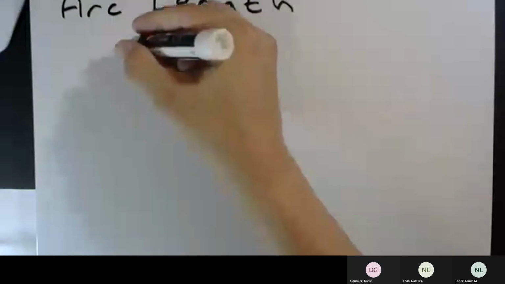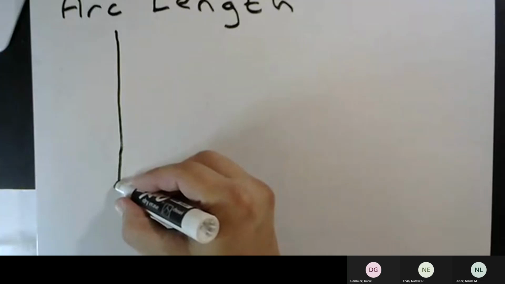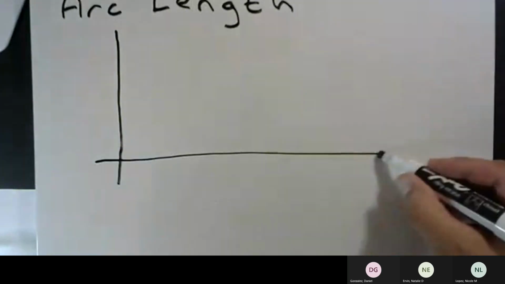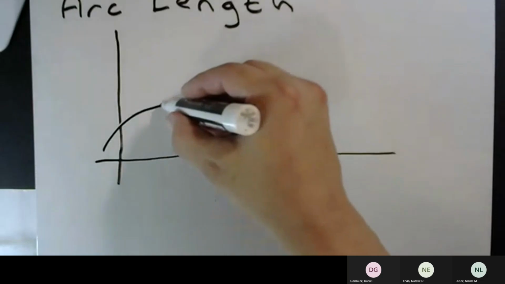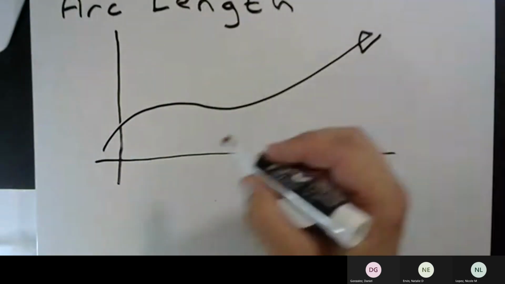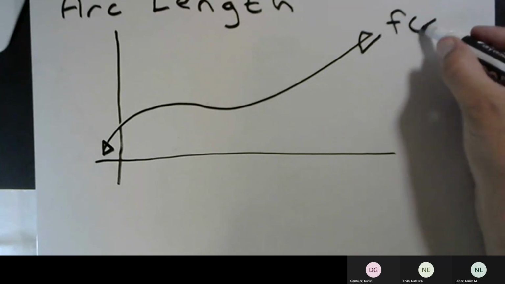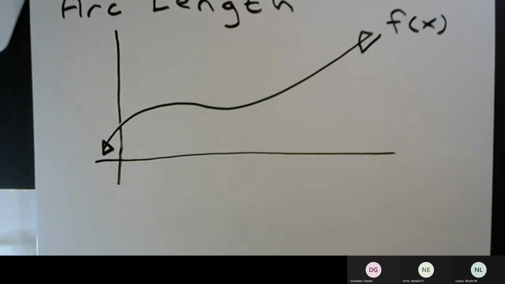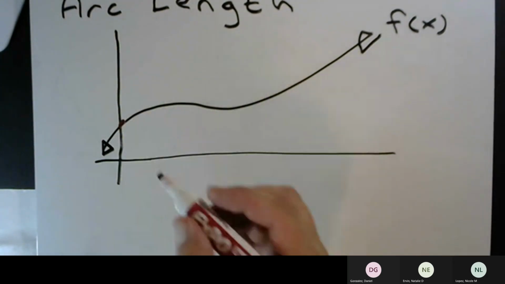So the idea of arc length is going to be this. Let's say we have some curve. And what we're going to try to do is approximate the length of this curve.